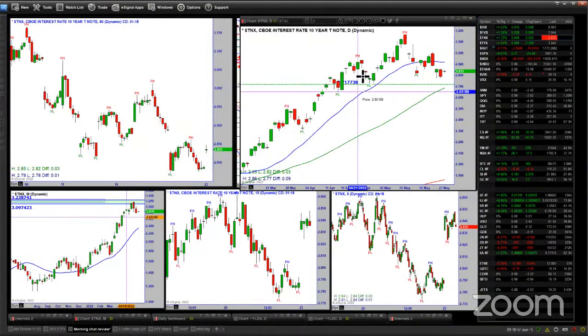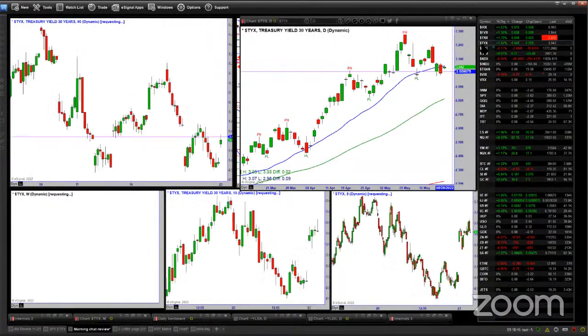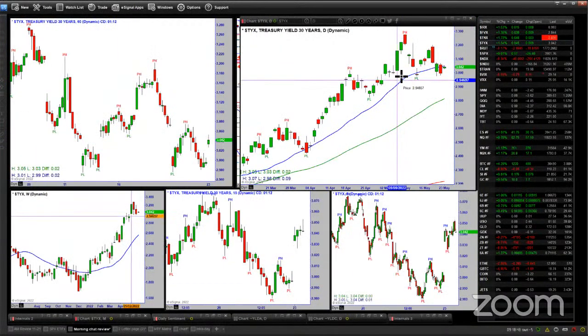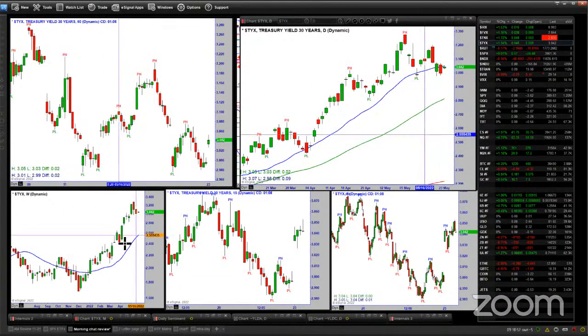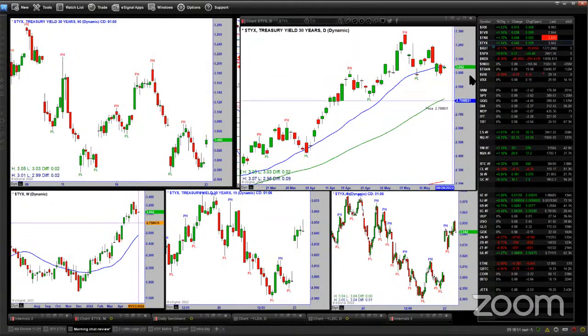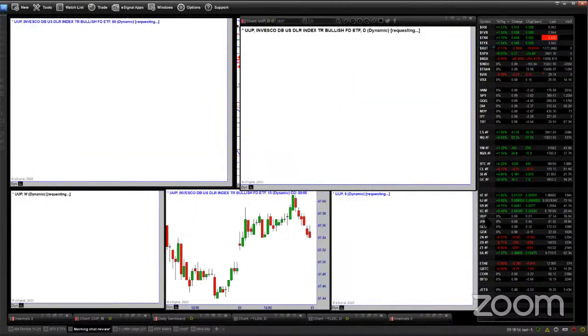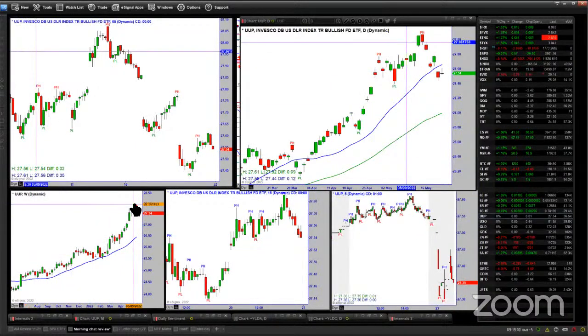The 10-year, the same, it hasn't broken support. And the 30-year, which moves slower, is just flip-flopping back and forth. But they've all gotten extended, as well as the dollar. So some positives in combination with other things that are just not that bullish yet.